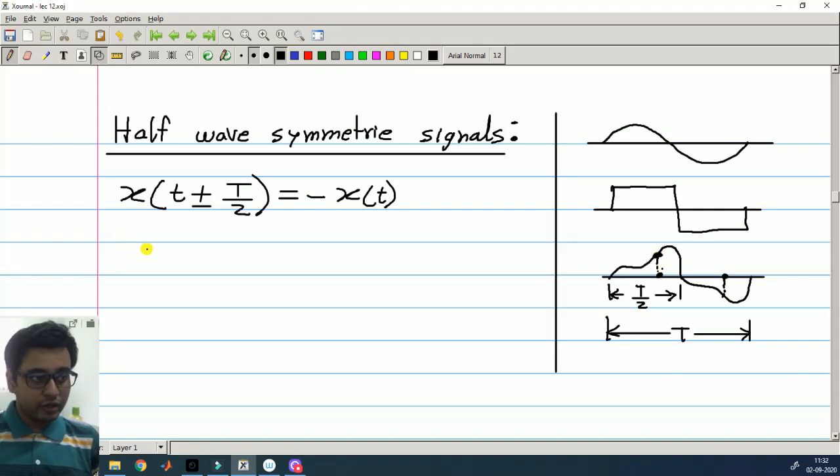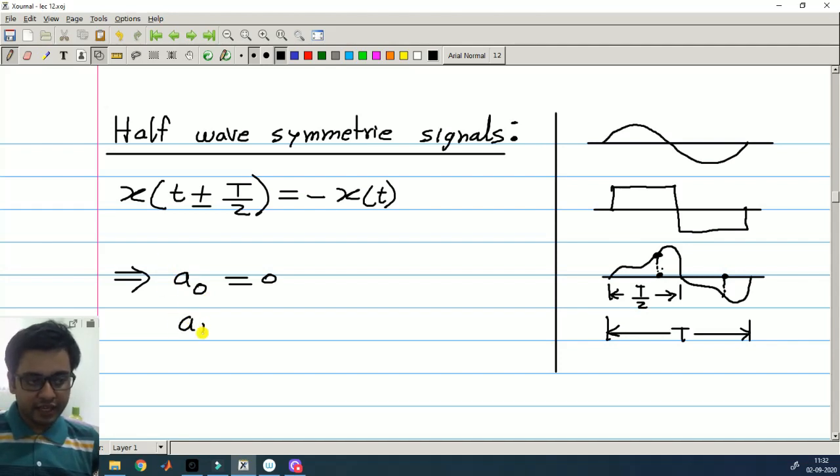Now if a signal is half wave symmetric like this, then firstly a0 will be equal to 0, number 1.